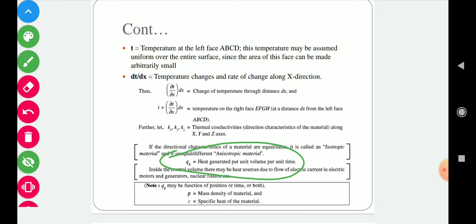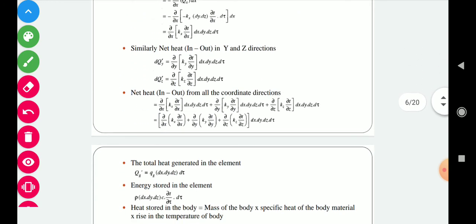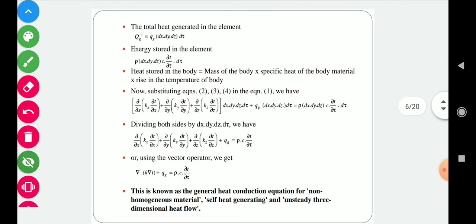In that case, it will give you total heat generated during time d tau. If we multiply this qg by volume, volume is dx, dy and dz, and time is d tau, this equation will be this one. So heat generation will be equal to qg multiplied by volume into d tau.